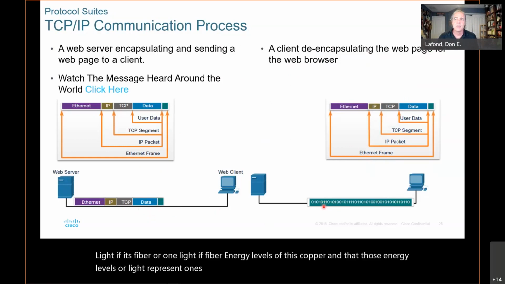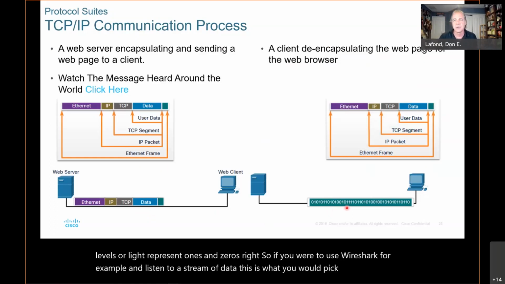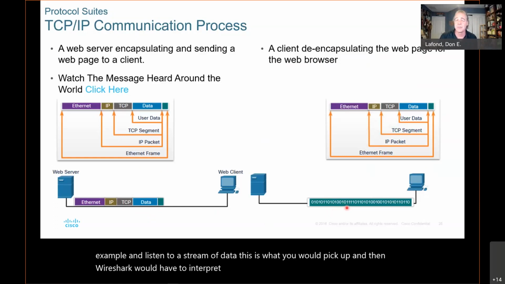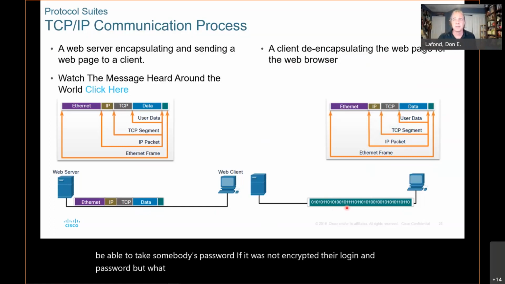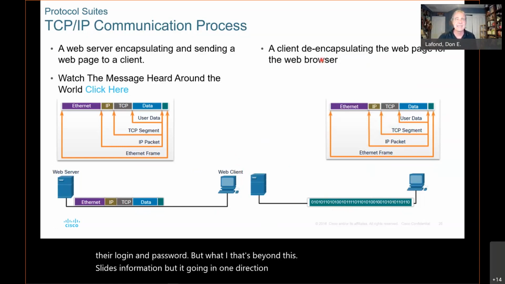So if you were to use Wireshark, for example, and listen to a stream of data, this is what you would pick up. And then Wireshark would have to interpret that so that, if it wasn't encrypted, you would be able to take somebody's login and password. But that's beyond this slide's information. Going in one direction, it encapsulates. Going in the other direction, it de-encapsulates.